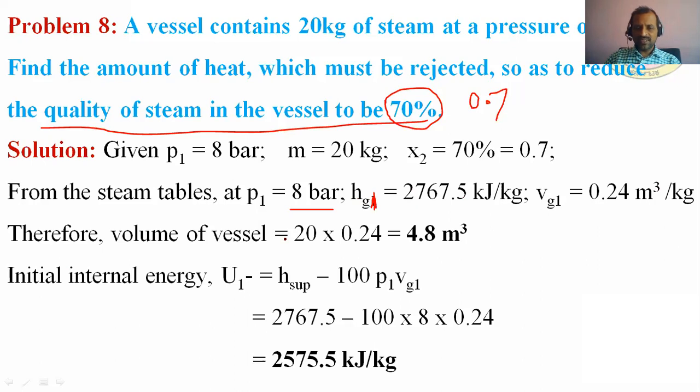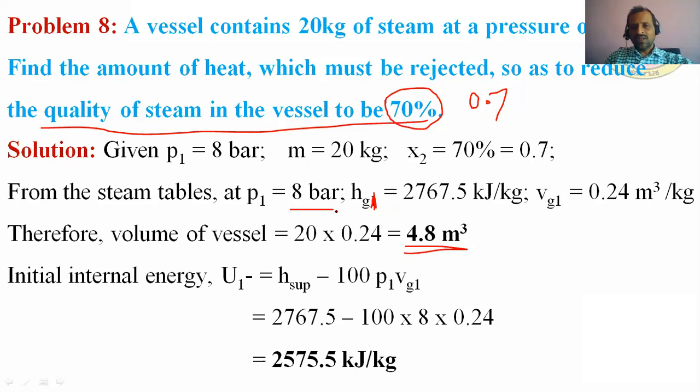Therefore volume of the vessel is equal to 20 into 0.24. So this is the total volume of the vessel, because the problem is given for 20 kg. As I told you, the steam table is for only 1 kg. All the values you take from the steam table are calculated for 1 kg only. So when the problem gives 1 kg, you can use all the values from the steam table as it is.